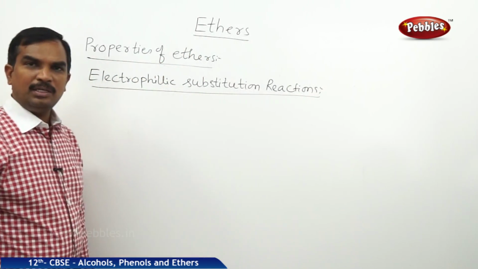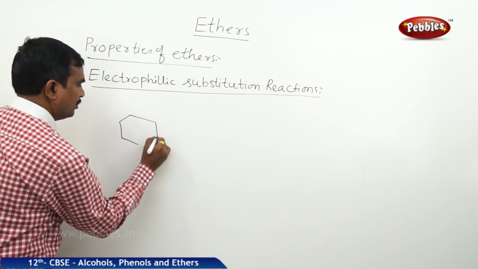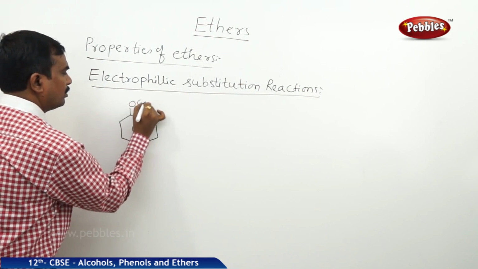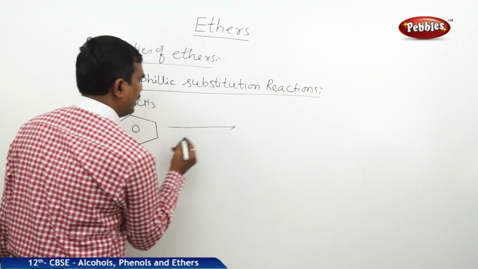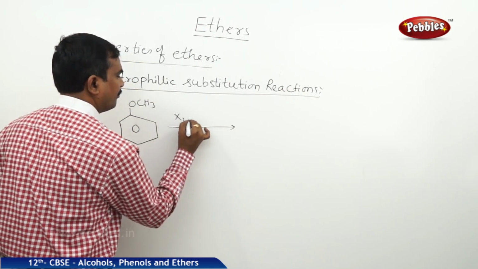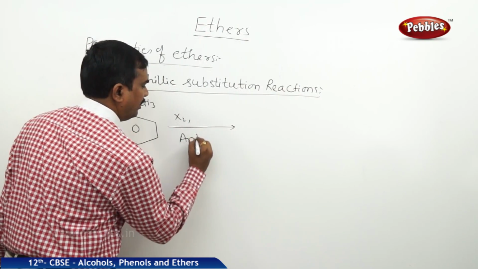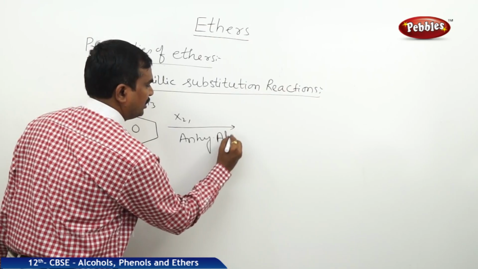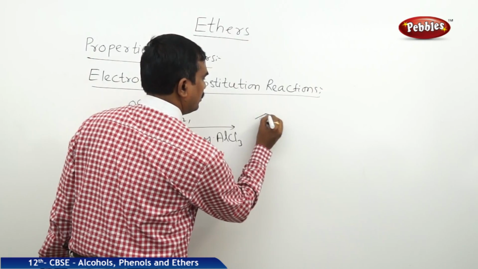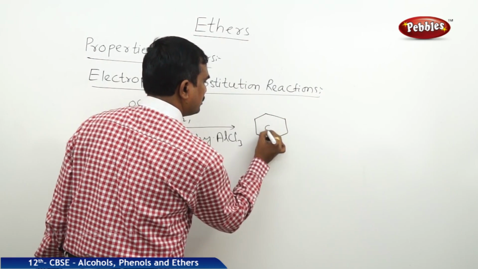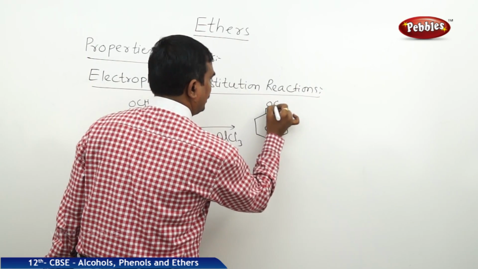Electrophilic substitution reaction. This is the anisole. So this on halogenation, reaction with halogen in presence of anhydrous AlCl3, which is Lewis acid, we will get the product as ortho and the para substituted products.